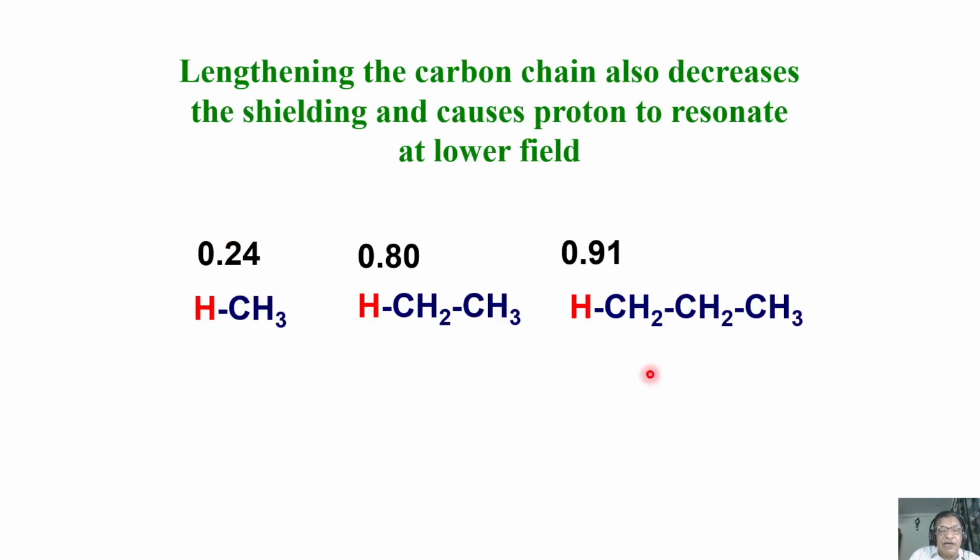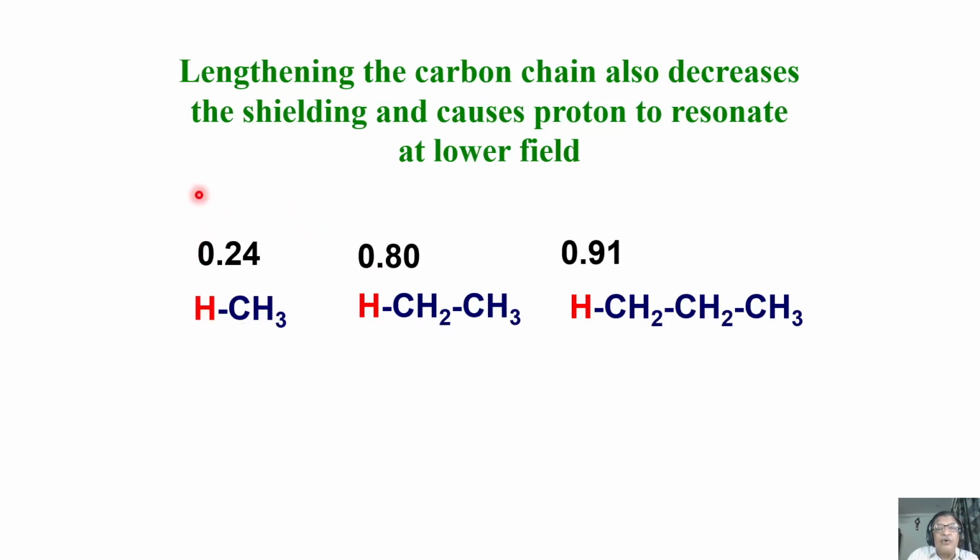Next, take the same methane, which was coming around 0.23 or 0.24. I can lengthen this molecule. In this, knock off one of the protons and add a CH3 group. Now it becomes H-CH2-CH3. Now we will concentrate on this CH2 proton. What is going to happen? Look at this chemical shift.